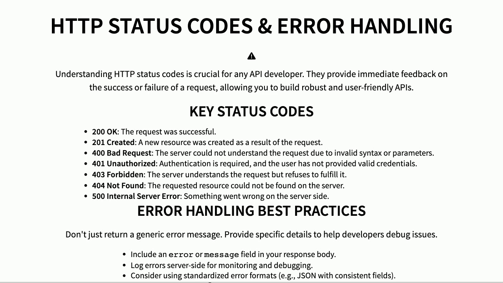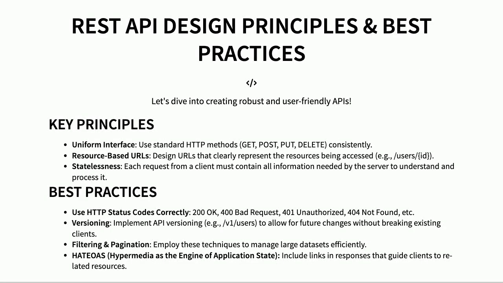Similarly, 401 Unauthorized means you need to prove who you are, and 403 Forbidden means I know what you're trying to do, but I just can't let you. Finally, 500 Internal Server Error is a general error that something went wrong on our end. It's really important to handle these errors gracefully by providing informative error messages, logging them for debugging, and using consistent error formats so developers can quickly figure out what needs fixing. Got it?